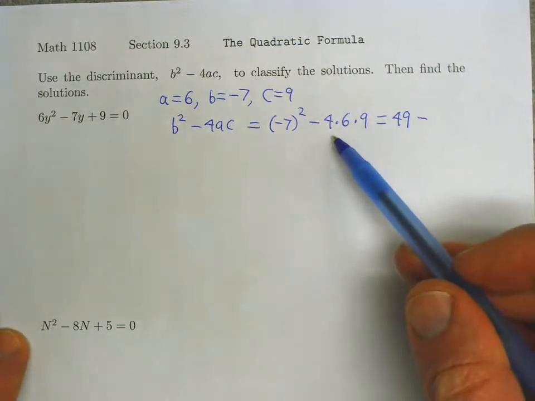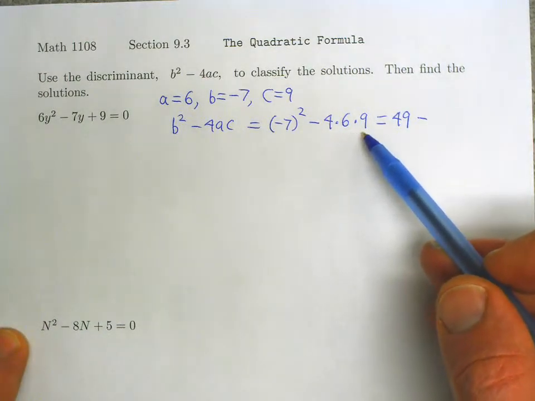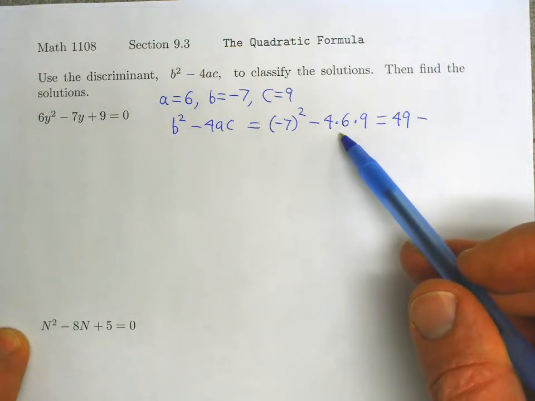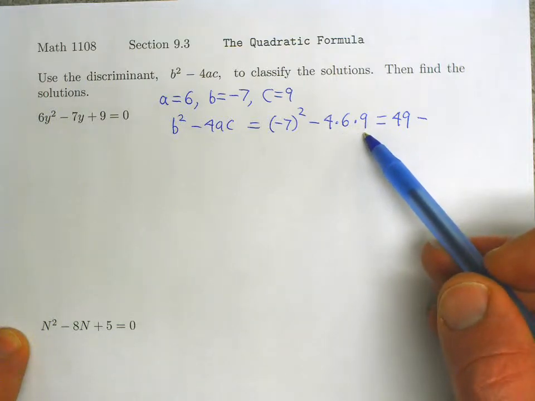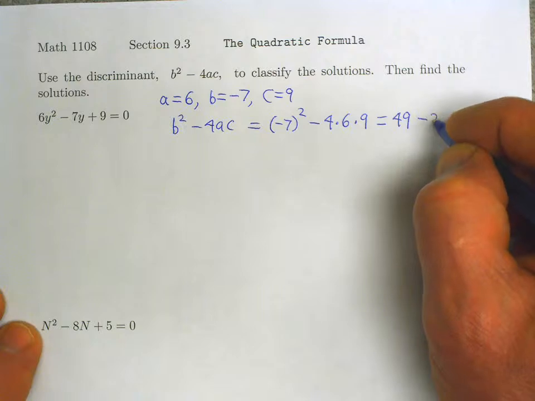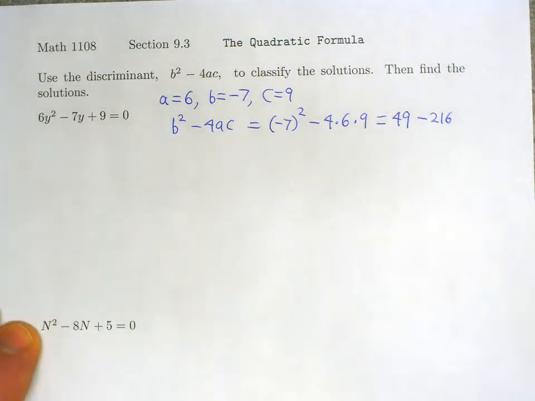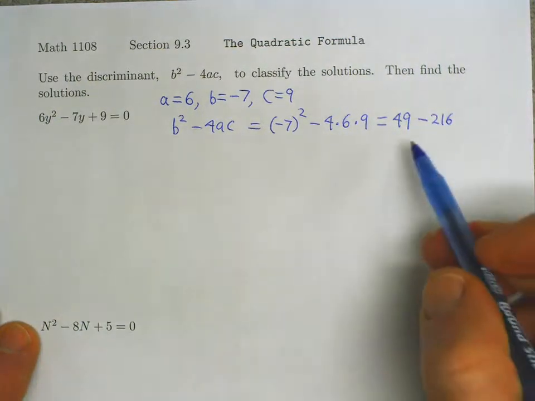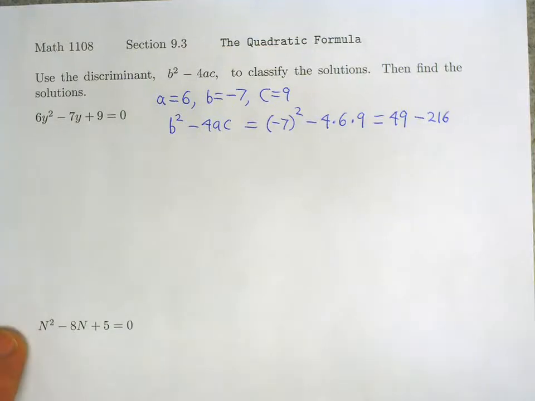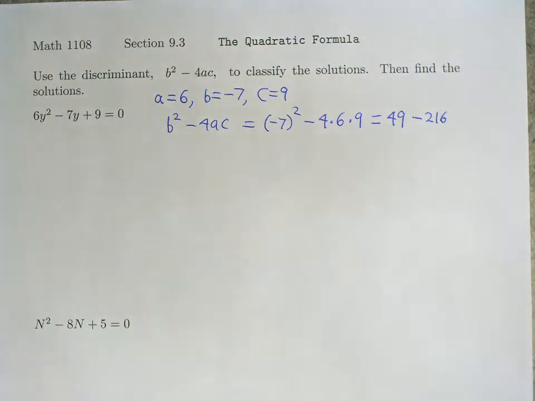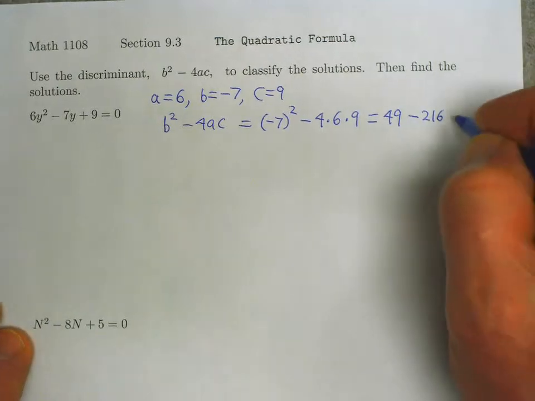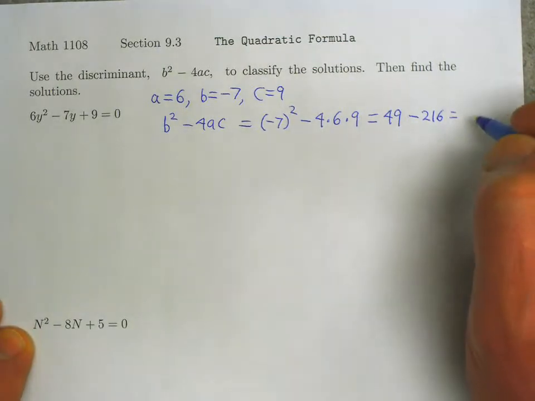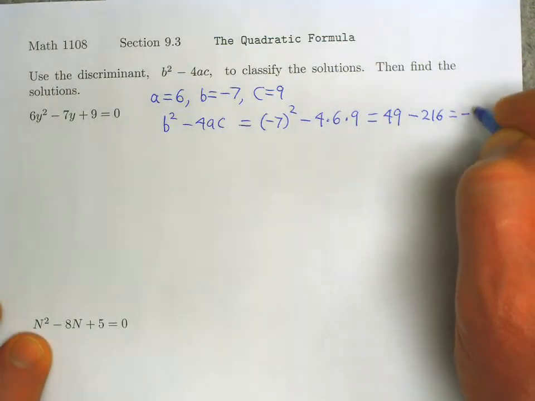And when we subtract 4 times 6 times 9, we're subtracting 24 times 9. So we're subtracting 216. So we can see that it's going to be a negative number. So this just turns out to be -167.